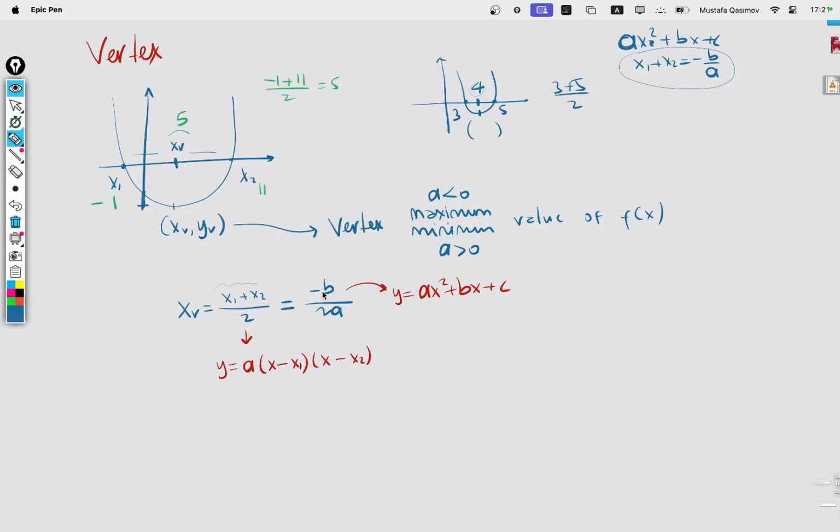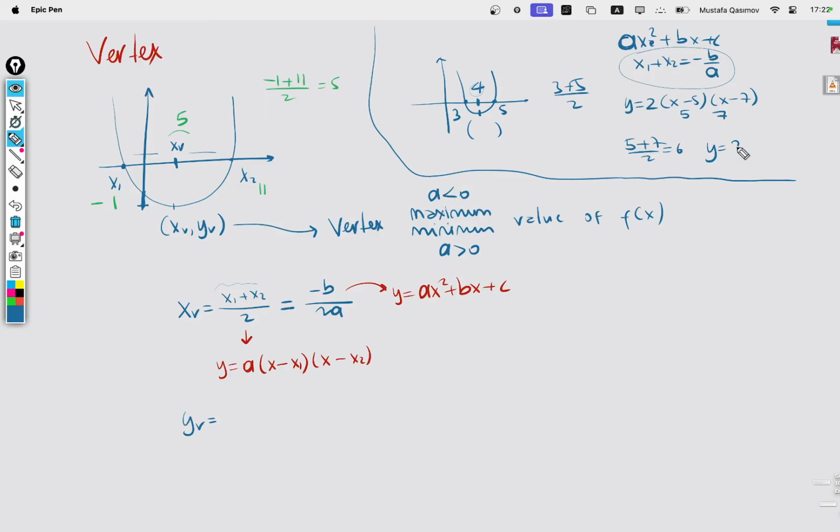Okay, thank you. For finding y vertex, you have to just put this value in the function. Let's say that we have y is equal to 2 multiplied by x minus 5, x minus 7. From here we will get 5 and 7, then add them and divide by 2. It is 6.